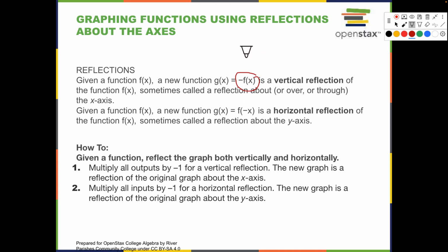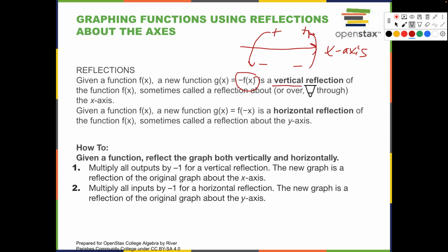If this is the x-axis, any positive y is now going to become a negative y, and any negative y is going to become a positive y. Because you multiply by a negative: negative times a negative is positive, negative times a positive is negative. It's going to flip over the x-axis.